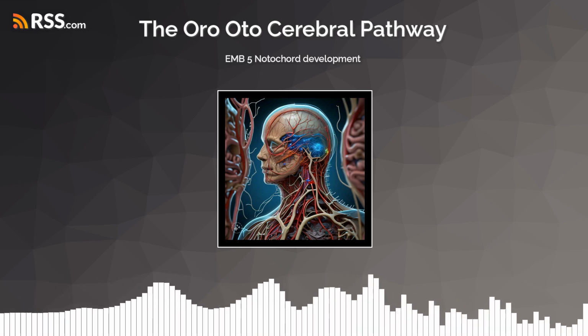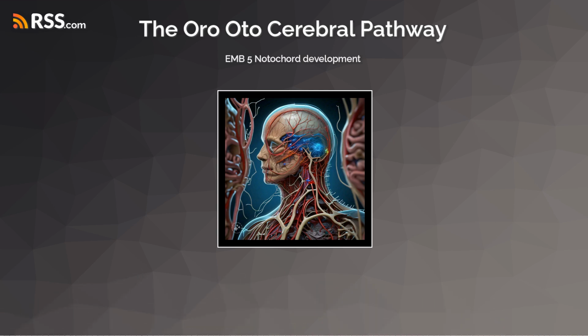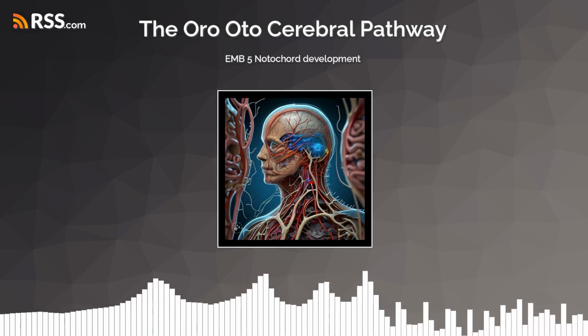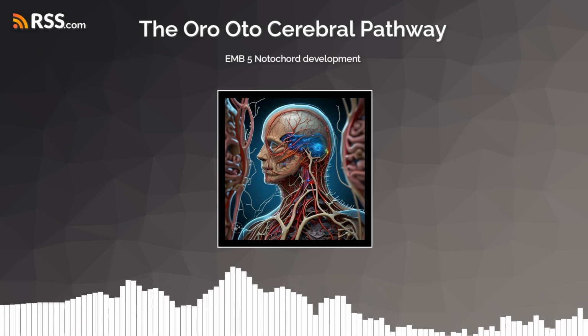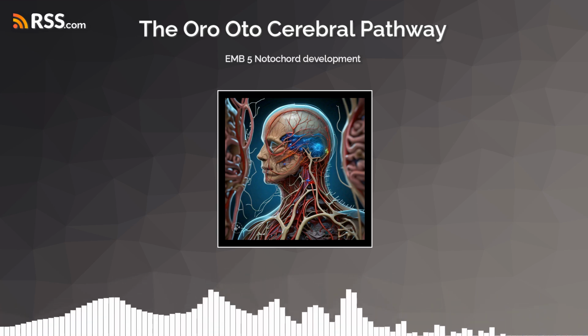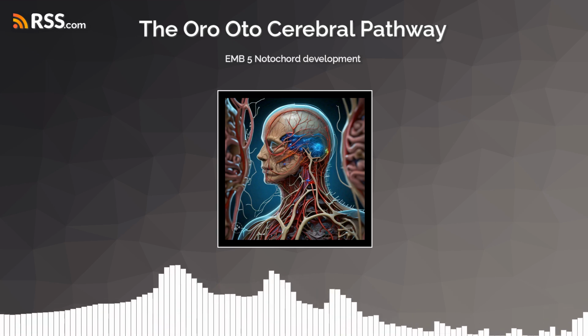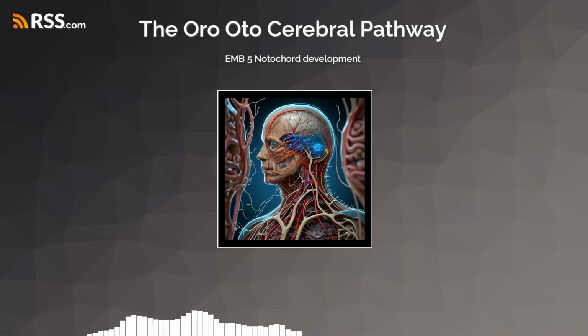So what functions are subserved by the notochord? Well, the functions of the notochord are: the notochord induces the overlying ectoderm to form the neural plate, which later forms the central nervous system. It induces the formation of the vertebral body of each vertebra.